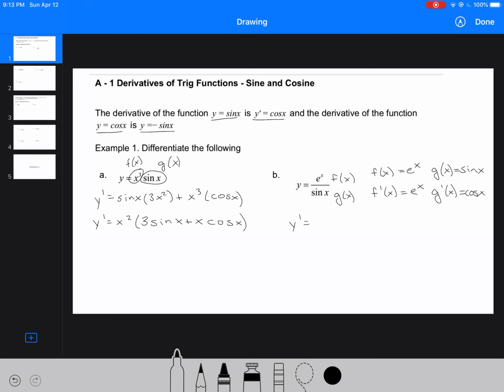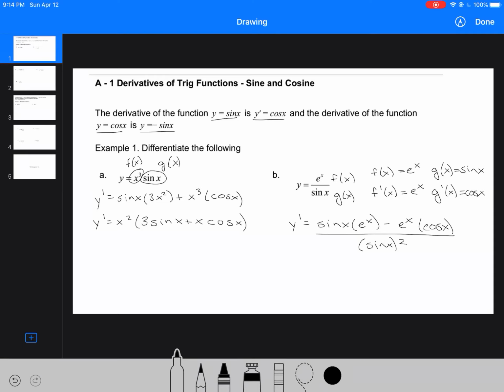So now we're going to look at using our quotient rule. So our quotient rule is we've got g times f prime minus f times g prime all over g squared, which is going to be here.